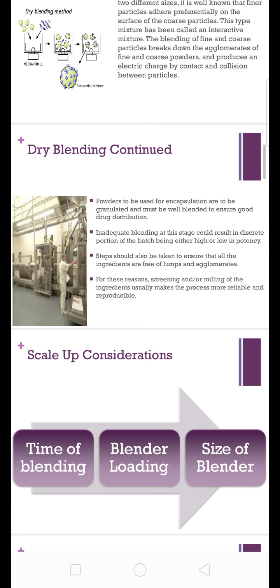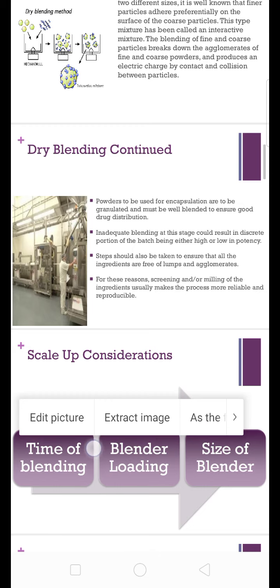Inadequate blending at this stage results in batch variation. So you can say there is weight variation and non-uniformity of content. If they are not properly blended, then it leads to inadequate, high or low potency, which is called non-uniformity of the content.